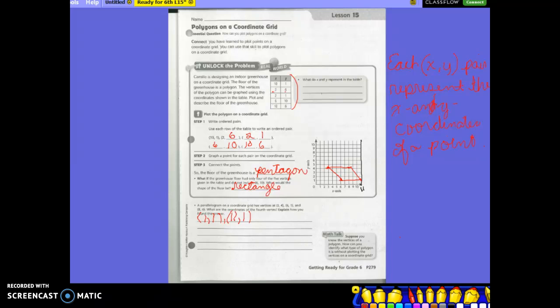And I heard somebody else say something that I thought was something 7. Was that true? Yeah, 7, 8. We have 6, 7 right here, so, right? Didn't we have 6, 1 as a given?